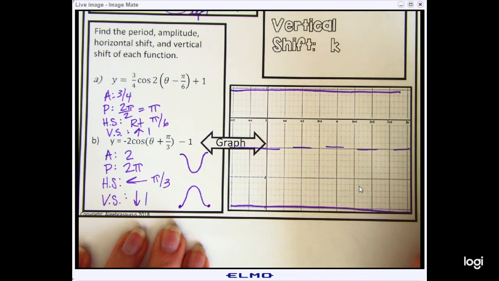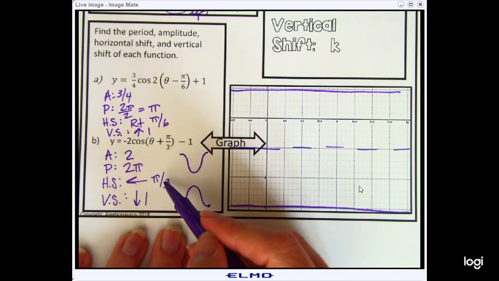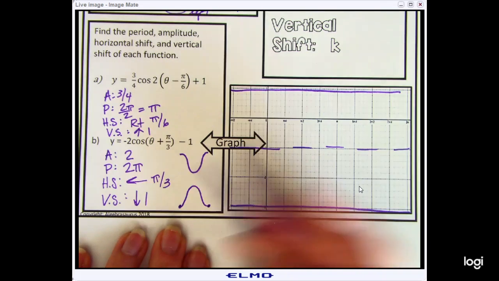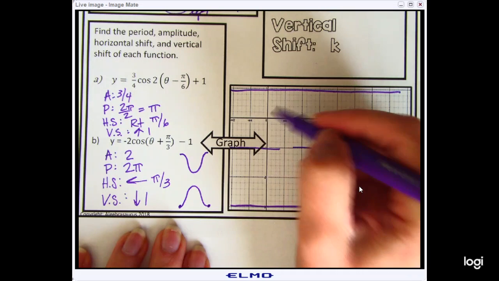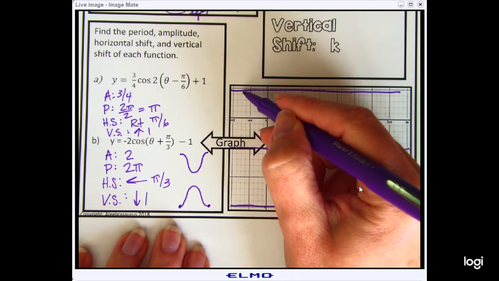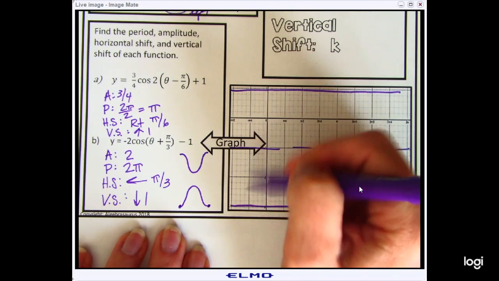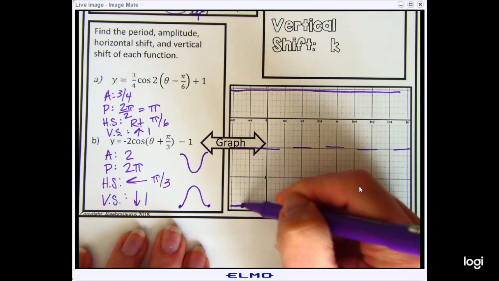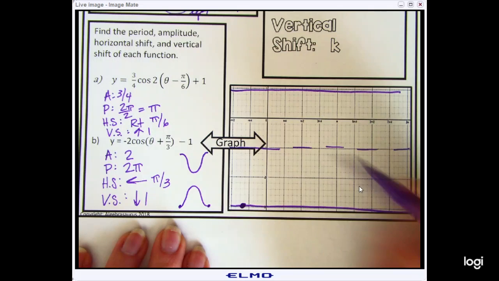We have one cycle every 2 pi, but we are shifting to the left pi thirds, which would be here. Now cosine, we're used to starting at the top, but because it's negative, we'll start at the bottom. I've shifted that to the left pi thirds, so instead of ending at 2 pi, we've got to shift it to the left pi thirds as well.